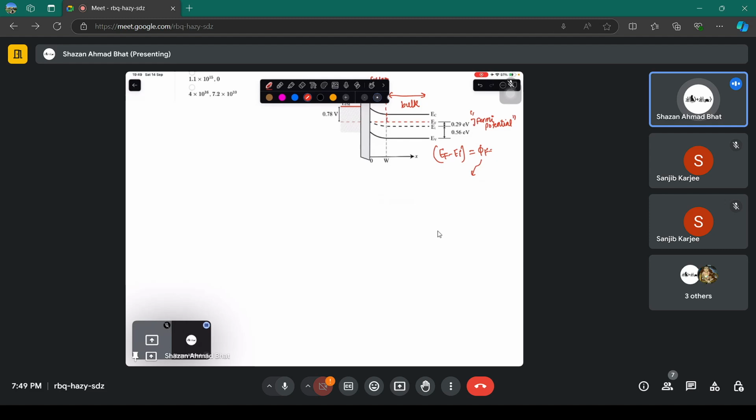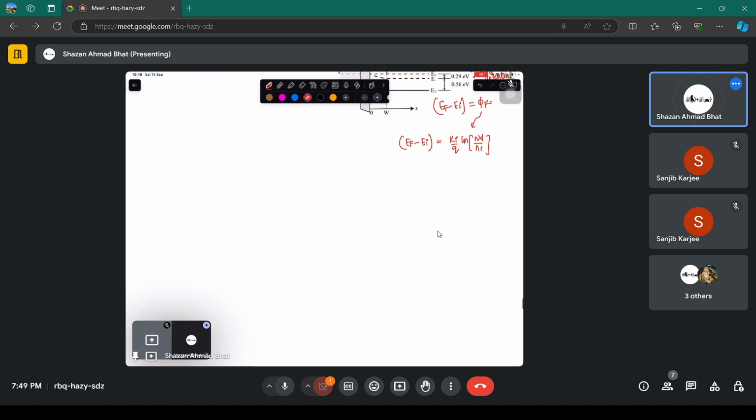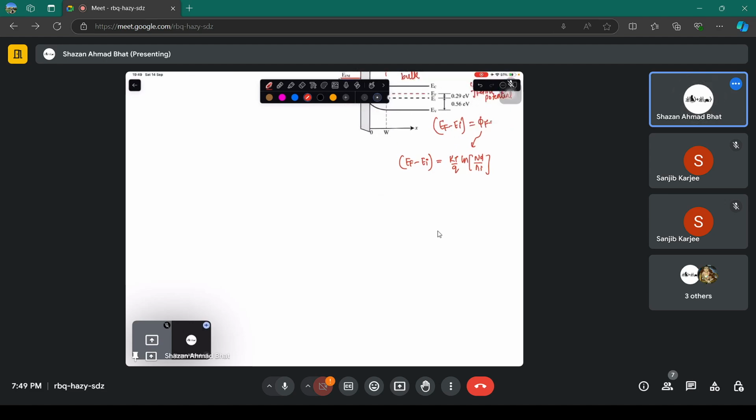Basically, this Fermi potential, you know from the basic diode physics, can be written as kT by q ln of Nd divided by Ni, the difference between the Fermi level and the intrinsic level. You are given the difference, and you have to compute the concentration Nd. This is a simple cakewalk question, just maths.